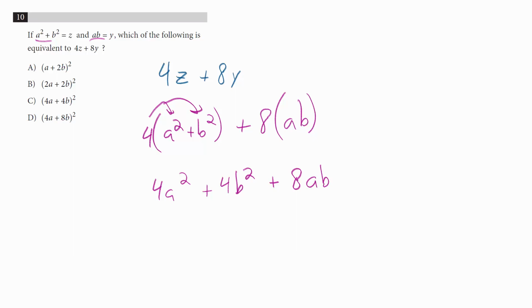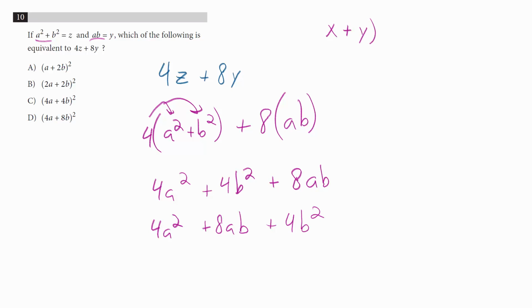I'm going to rearrange this. 4a squared plus 8ab plus 4b squared. And this is, you have to remember the rule for expanding a perfect square binomial.